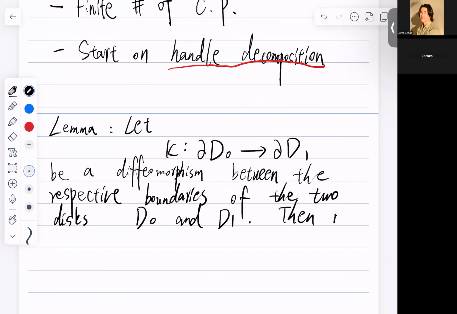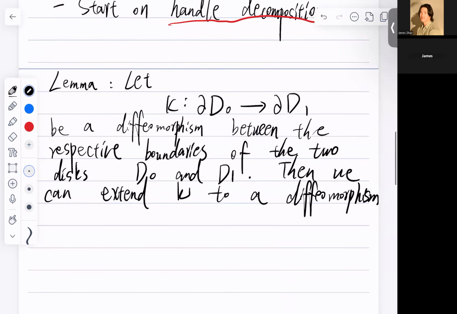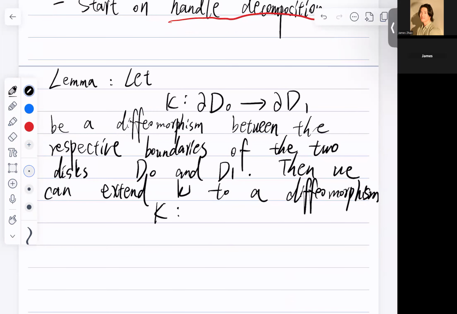Then we can extend K to a diffeomorphism. So we can actually make our entire disk.